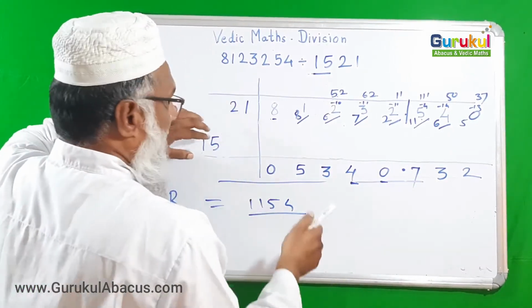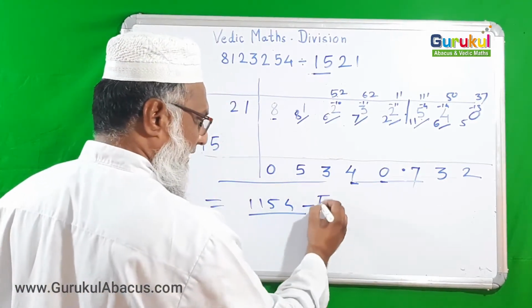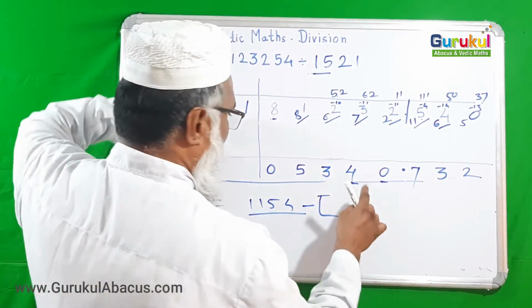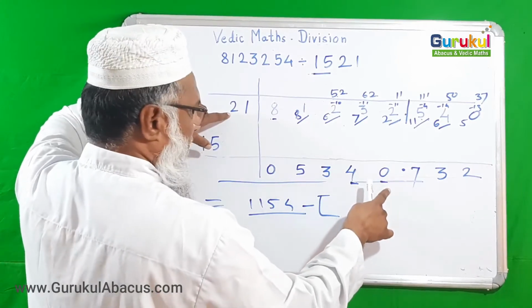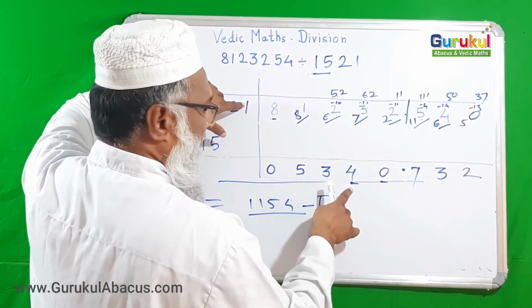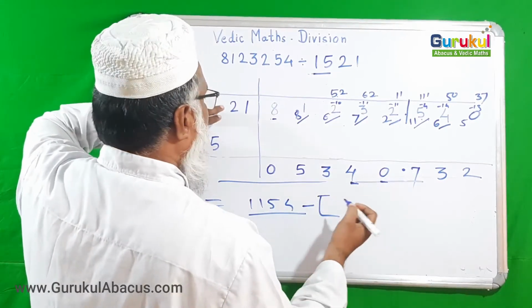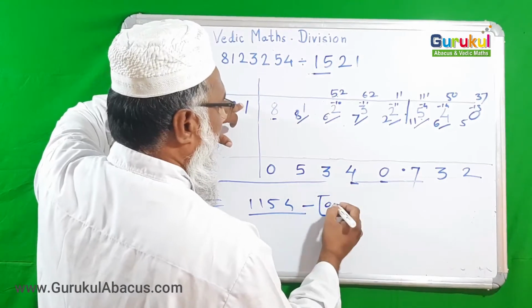And now what to do? In the first step, I should subtract something. So what to subtract from 1154? Firstly, the product of 2 into 0 and 1 into 4. 2 into 0 is 0, and 4 ones are 4.